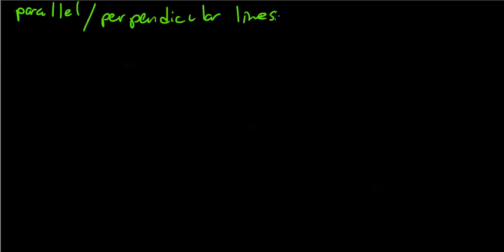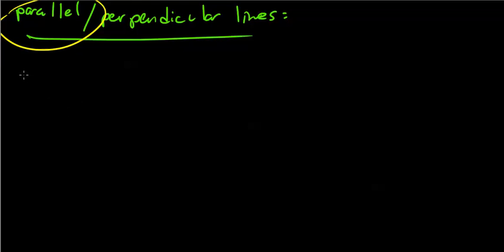There's something special about the slopes of parallel and perpendicular lines. That's what we're going to investigate the rest of today. Let's talk about parallel lines first. What does it mean for two lines to be parallel? The formal definition is they never intersect.